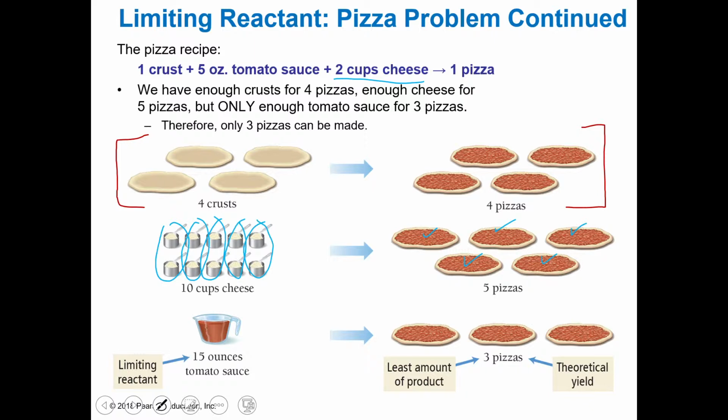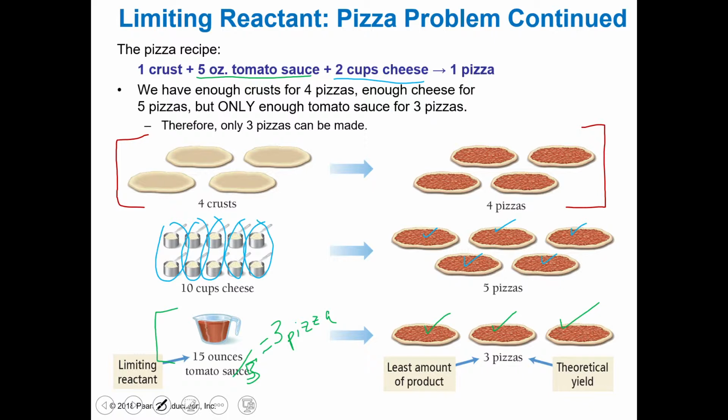Finally, if I look at just the sauce and say, okay, I have 15 ounces of tomato sauce, I have all the cheese I need, all the crusts I need, but each pizza needs 5 ounces of sauce. So 15 divided by 5 equals 3 pizzas. Okay, so the most I could make is 3 pizzas.